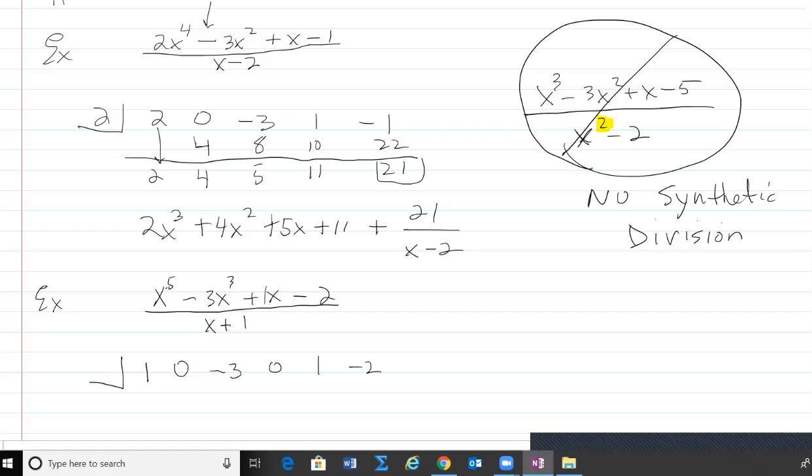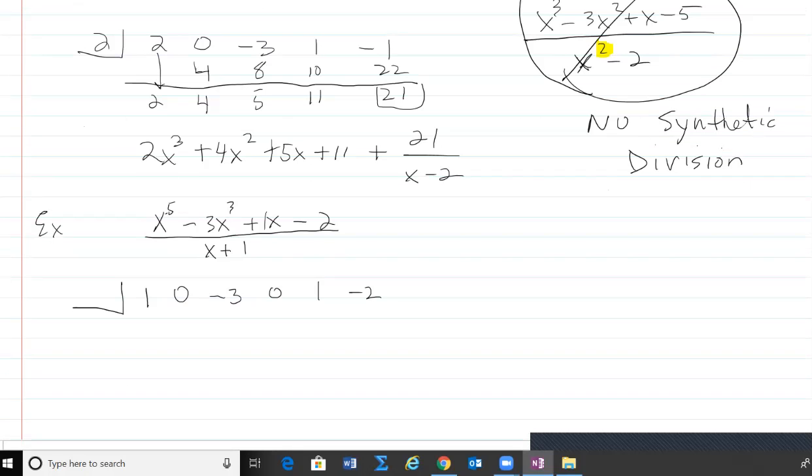Now, what goes over here in that little corner is not a 1, but a negative 1. See, our divisor has to look like this, x minus a number, c. So if your divisor starts off with x plus, then you have to view it as x minus a negative 1.